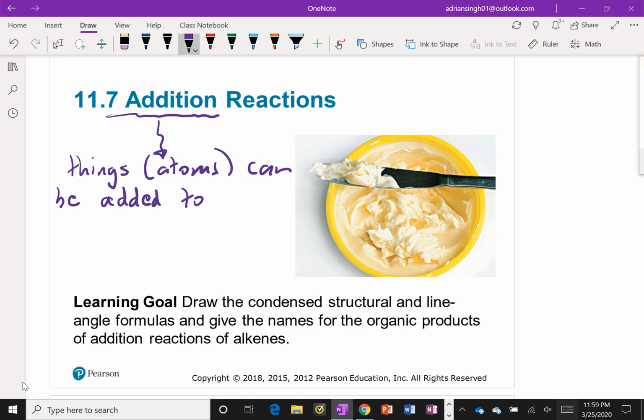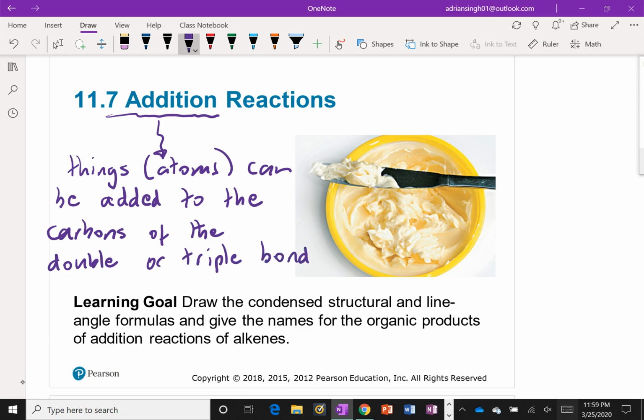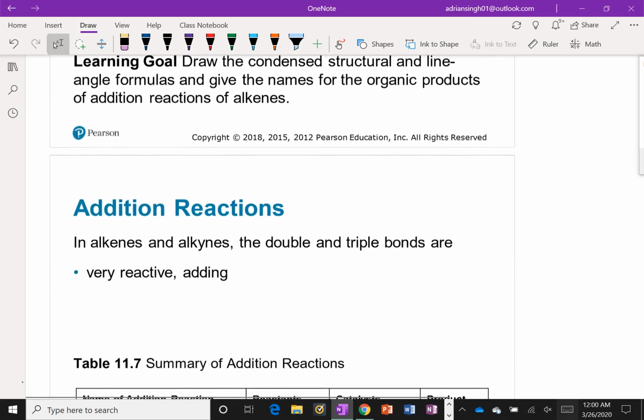And specifically, they're going to be added to a particular location on the alkene and the alkyne, and that location is the carbons of the double or triple bonds. All right, so that's really going to be the center of attraction, or the center of activity when it comes to the reactivity of the alkenes and the alkynes.